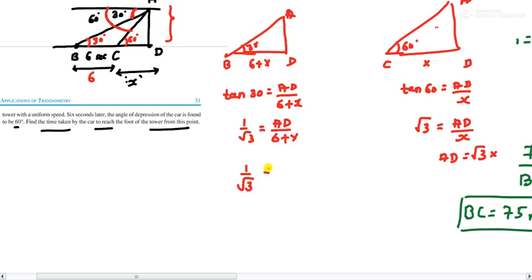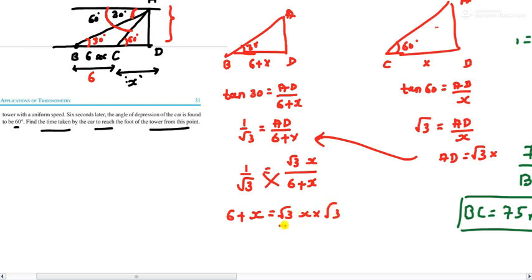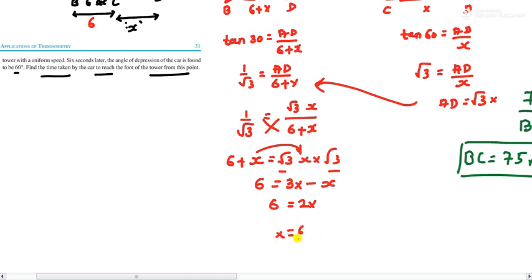So 1 by root 3 equals root 3x divided by 6 plus x. If I do cross multiplication, I'll get 6 plus x equals root 3x into root 3. So this root will get cancelled, and we will get 3x. Now if I transfer x to the RHS, it becomes 3x minus x equals 6. So 2x is 6, and after solving we'll get x as 6 by 2, which is 3.